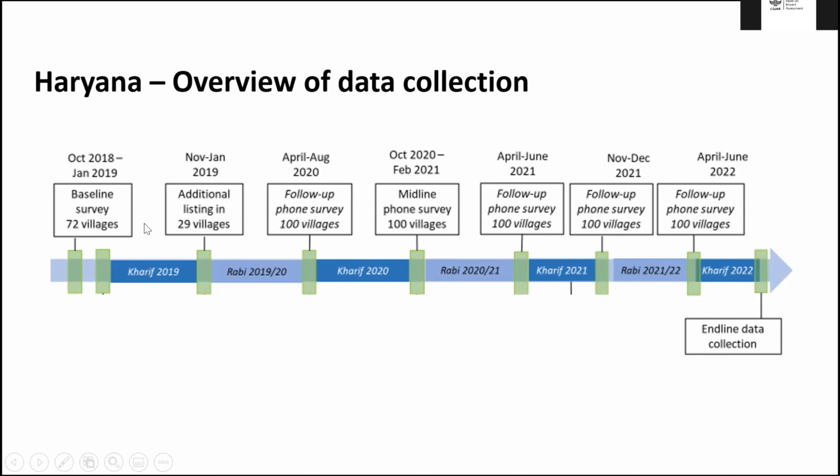Also important to mention is that we started out in 72 villages. Our original plan was to work in 72 villages. But we wanted to focus on tomatoes as a potentially high return, high risk crop for which we were hoping to encourage farmers to grow in Haryana. And if you know the context, there's a lot of monocropping.